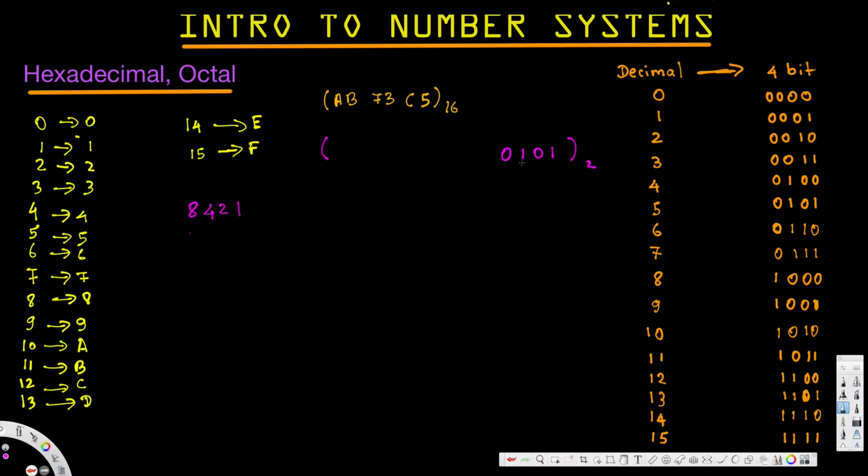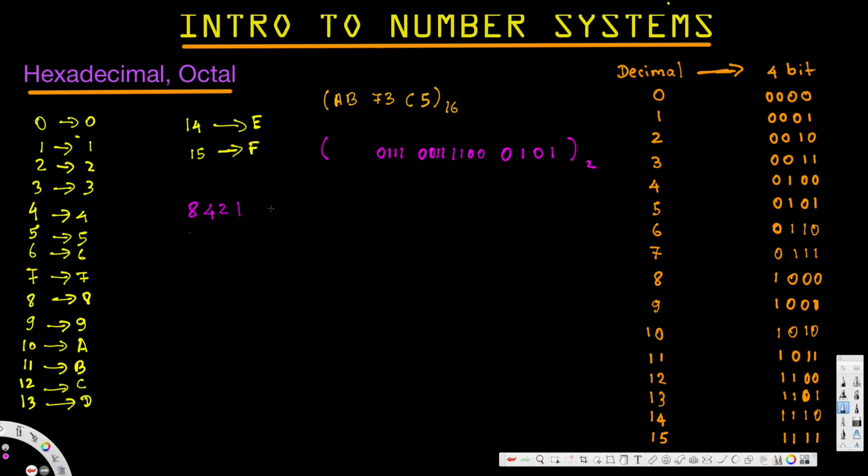Then we have C. C is 12, so we need an 8 and a 4. So 1 1 0 0. 3: we need a 2 and 1, so that's going to be 0 0 1 1. And for 7, we need 4, 2 and a 1, so 0 1 1 1.